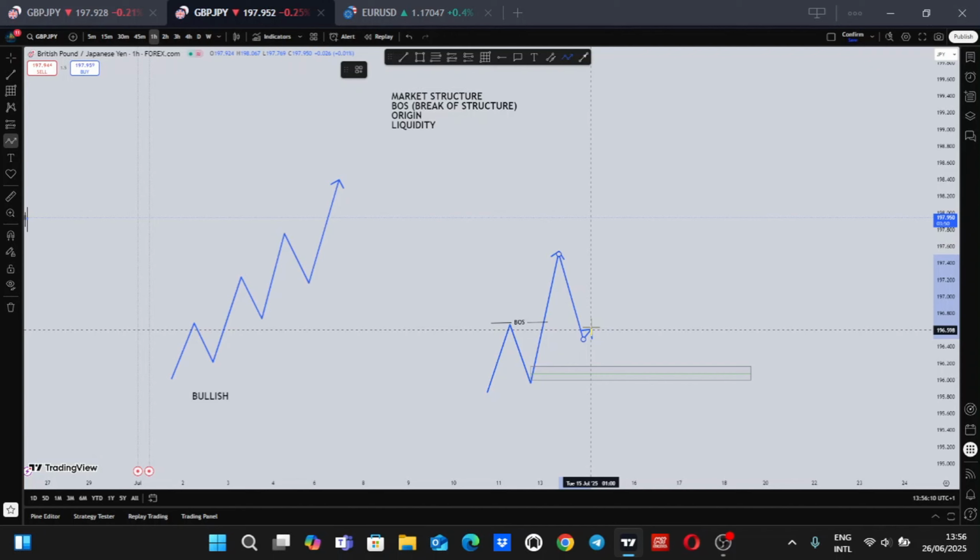Some people will be jumping into this trade now, not knowing the market makers know what they are doing. They're just creating a liquidity pool where they're going to raid before continuing the bullish move. So after price has done something like this, you can see they have created a liquidity zone for us, which is right here.